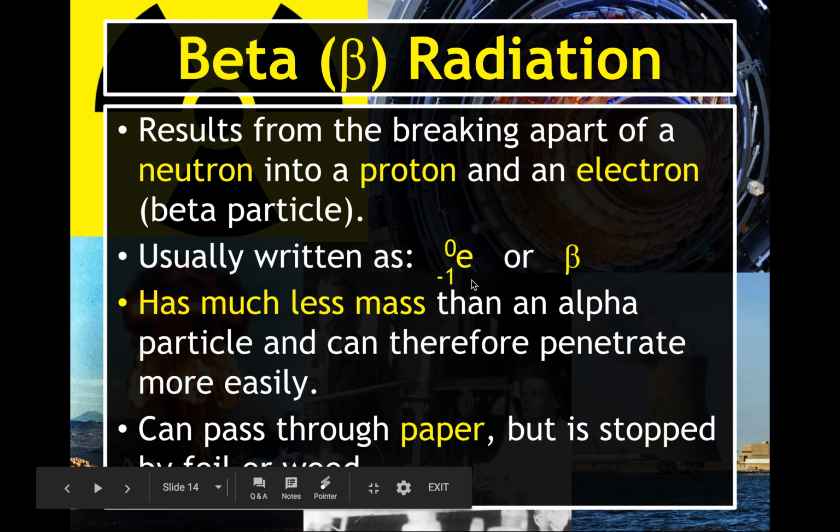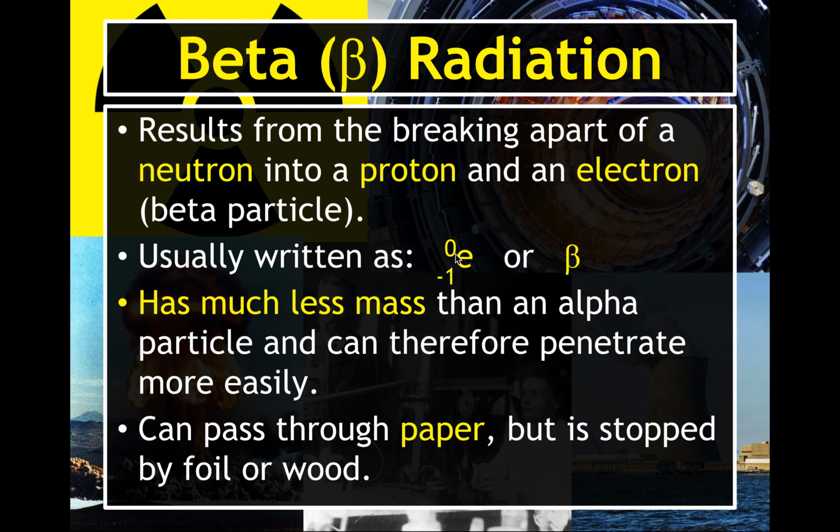When you're writing the symbol using an e, we're going to say the mass is 0, and we're going to have a -1 proton number, because we're literally losing a proton. So we're going to subtract 1 from our element that's giving off the beta particle.